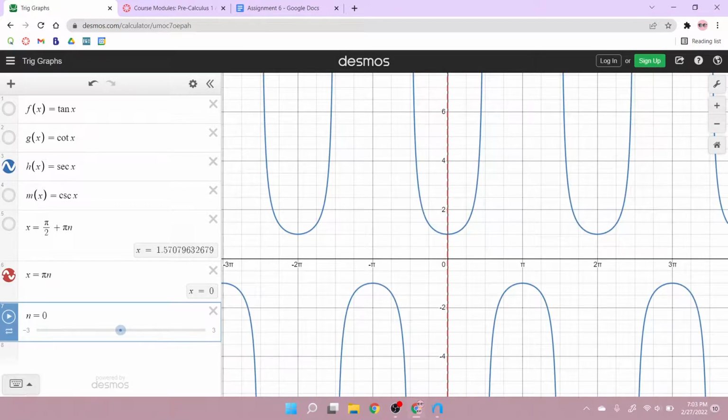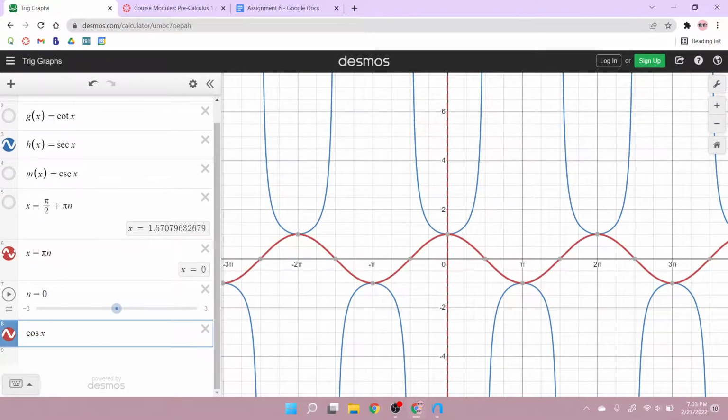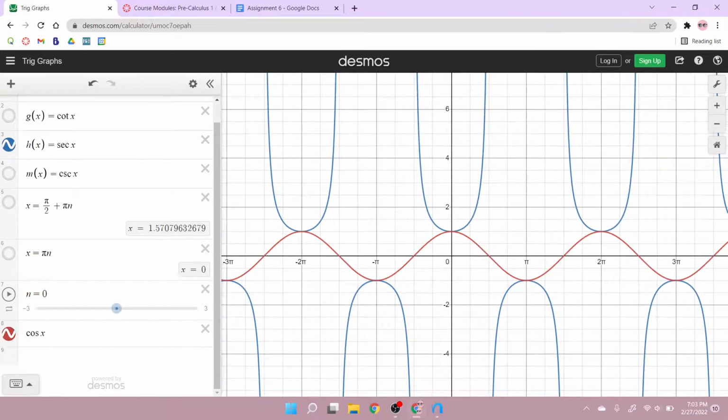Okay, secant of x, right there. Look at that. If I plot in the cosine of x also, I think that might be beneficial for us. Notice the cosine of x is the red one, and our secant of x is the blue one. It's kind of like parabolic. I know it's not, but we get this U shape from the secant of x.